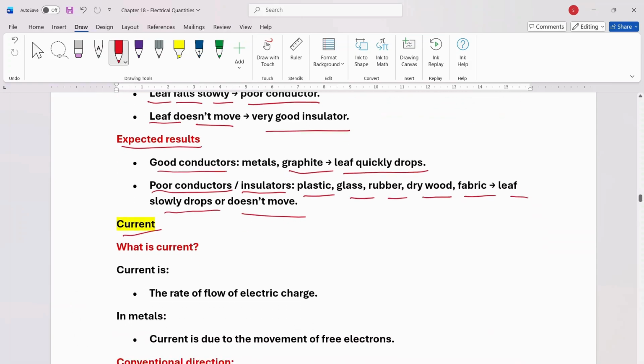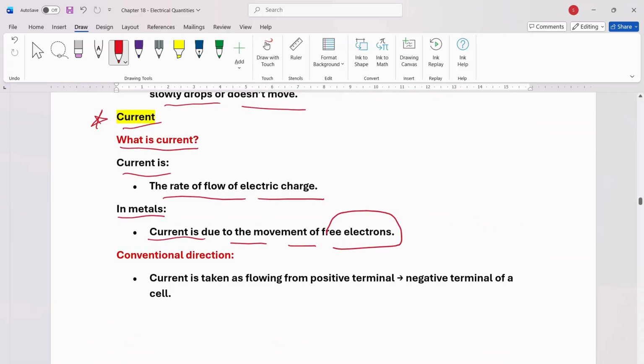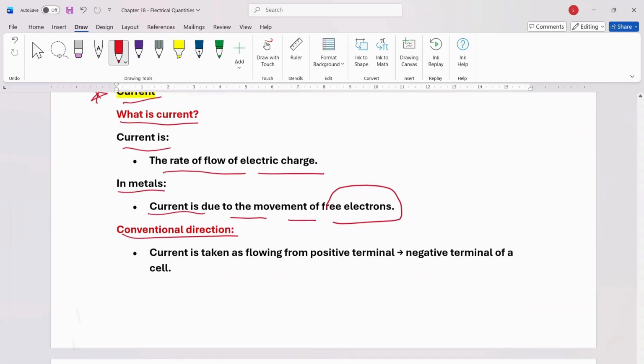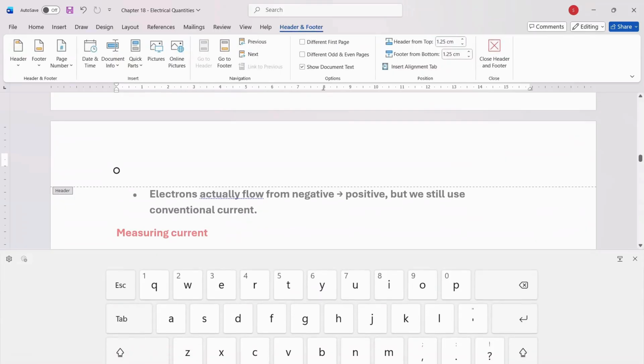Let's talk about current. What is current? Current is the rate of flow of electric charge. In metals, current is due to the movement of free electrons. Conventional direction: current is taken as flowing from the positive terminal towards the negative terminal of a cell.